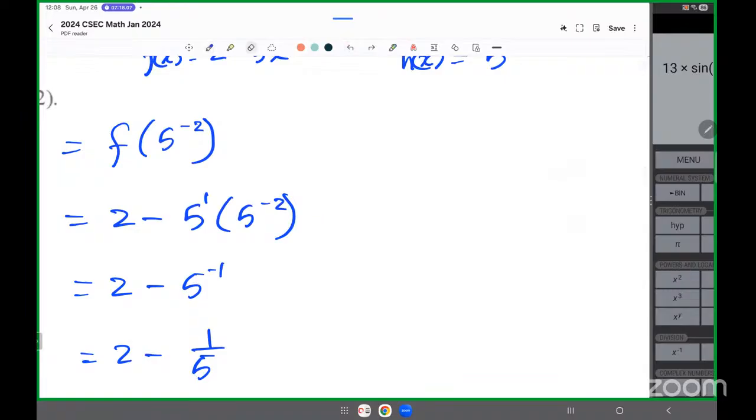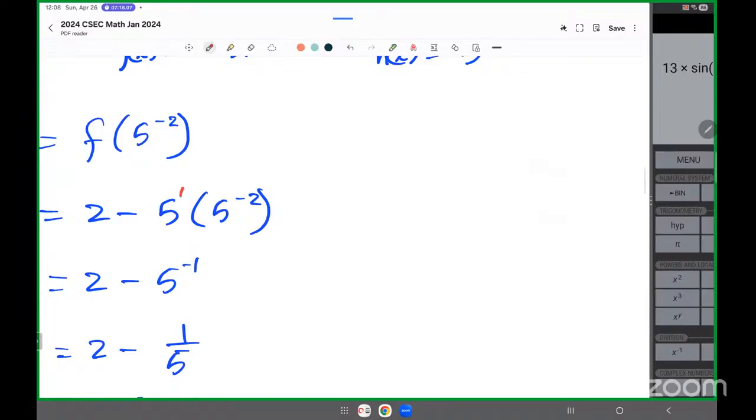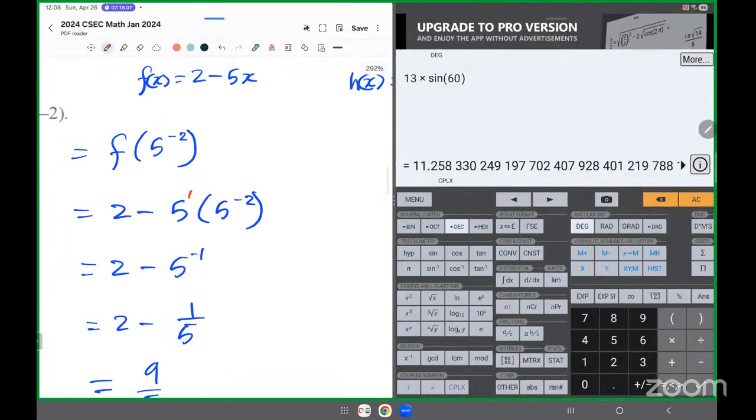If you just show the 5 as a power, the 5 was 5 to 1. If you put that in the calculator, it will work it out for you: 2 minus 5 times bracket 5 raised to the power of negative 2.